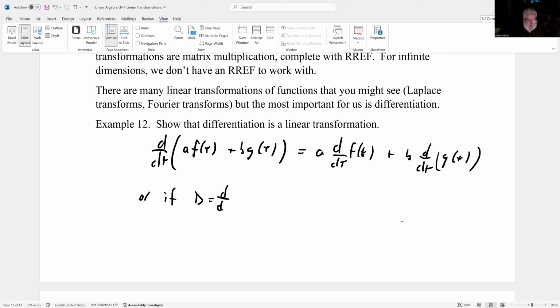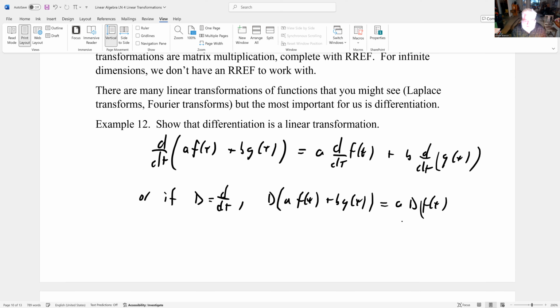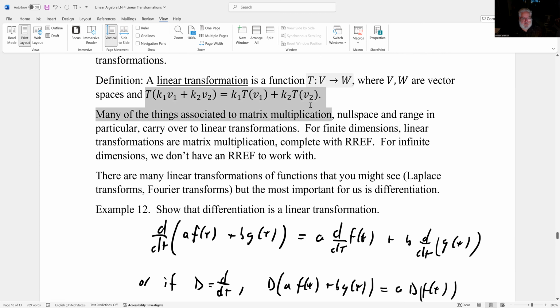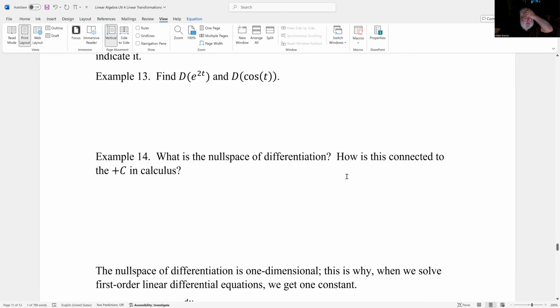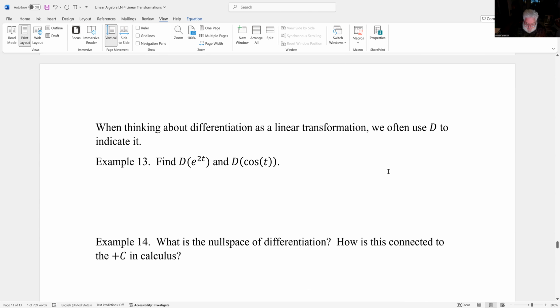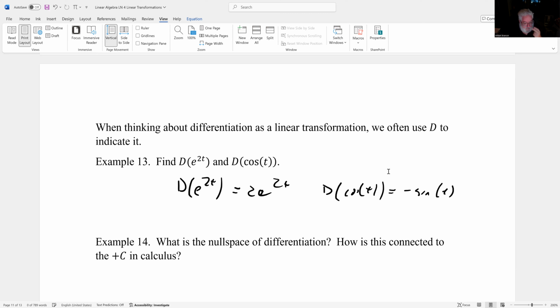So if we use D instead of d by dt, it's exactly a linear transformation. When we say D of e to the 2t, that's 2e to the 2t. The derivative of cosine of t is minus sine of t. So D just stands for differentiation.